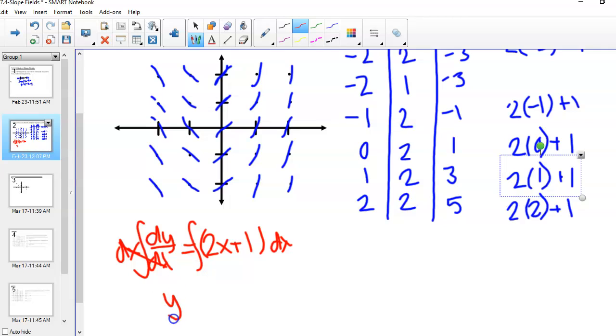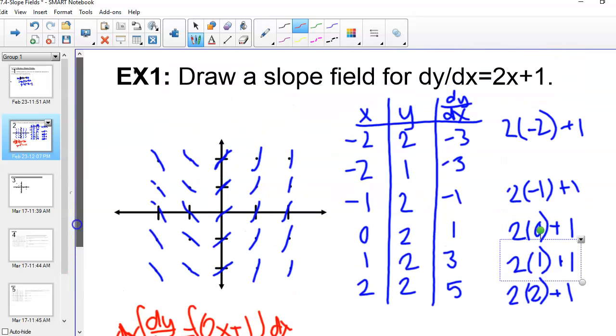And so that would give us y equals x squared plus x plus c. So you can see here this is a quadratic. If you look at the graph here, you can sort of see that shape of a quadratic here. It might be something like this, but it gives you that shape of the graph for the answer to the differential equation.